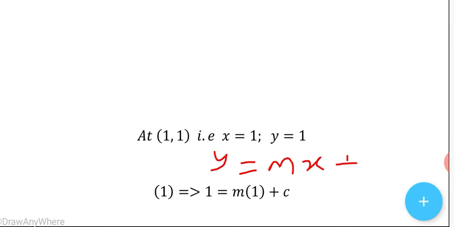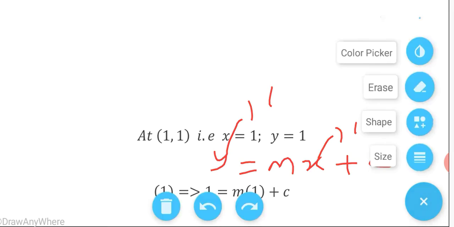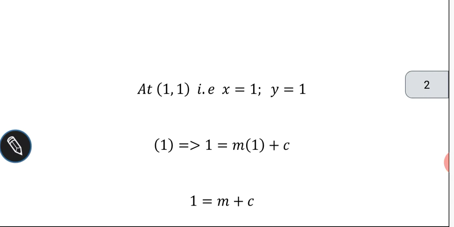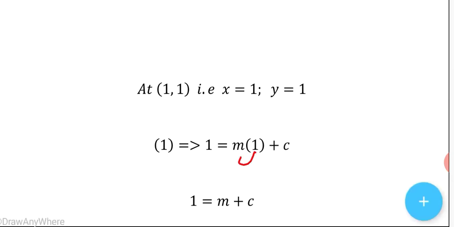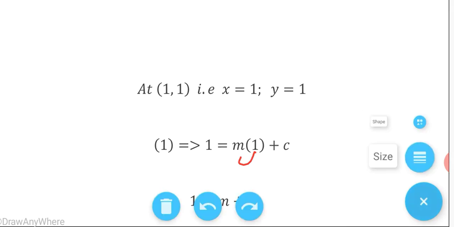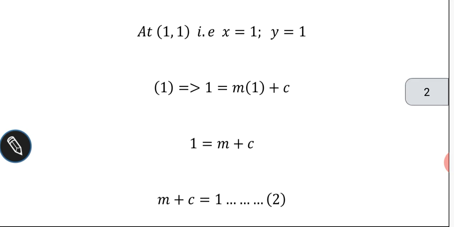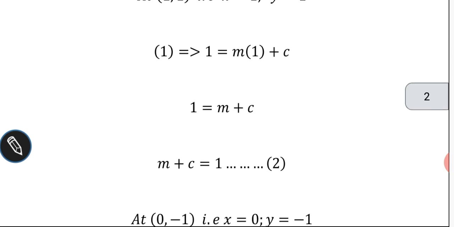Putting y equal to 1 and x equal to 1, the equation becomes 1 equal to m into 1 plus c. So 1 equal to m plus c, that is, m plus c equal to 1. This is equation number 2.